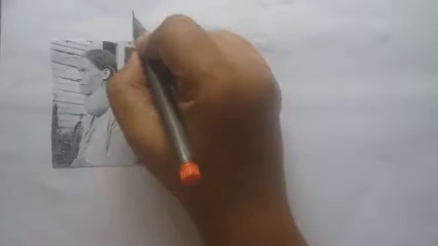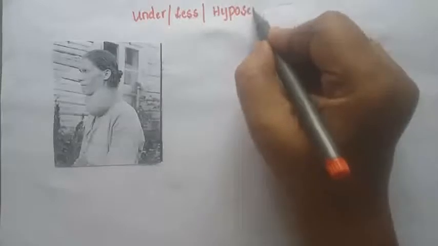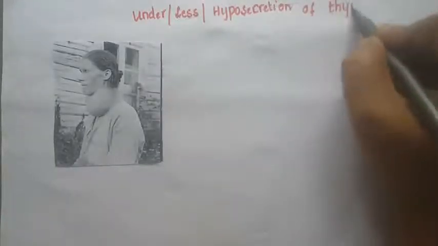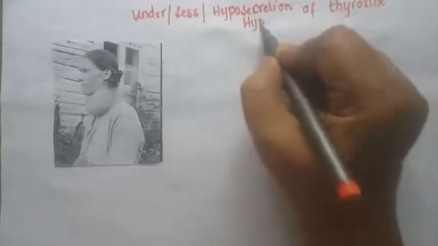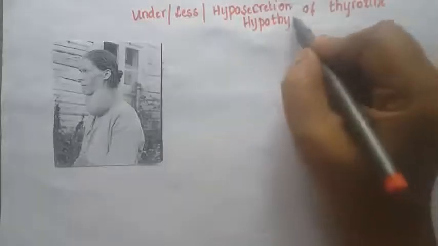So let us start with the disorders that occur in human beings due to under secretion or less secretion, also known as hyposecretion of thyroxine, or what do we call it as hypothyroidism.